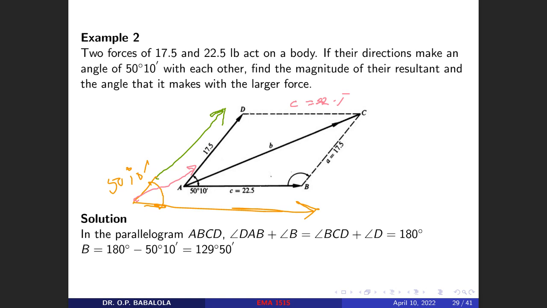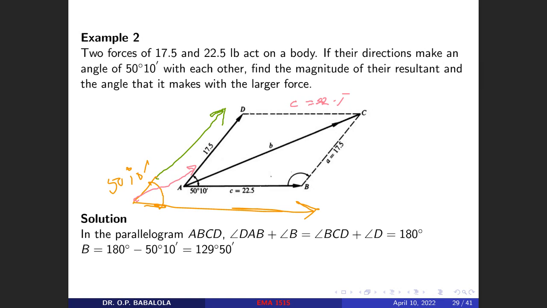Okay, so in the parallelogram ABCD, angle DAB, which is 50 degrees 10 seconds, plus angle B. And what is the question? Find the magnitude of their resultant and the angle that this resultant makes with the larger force.